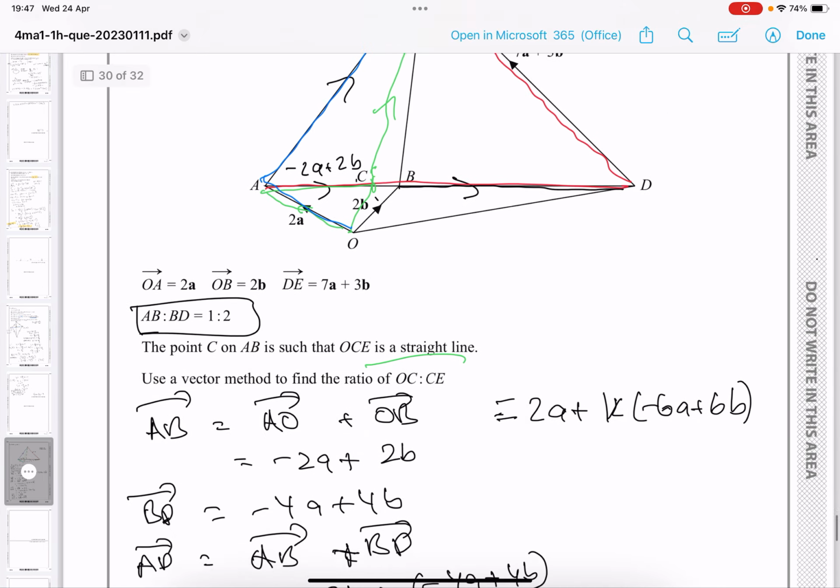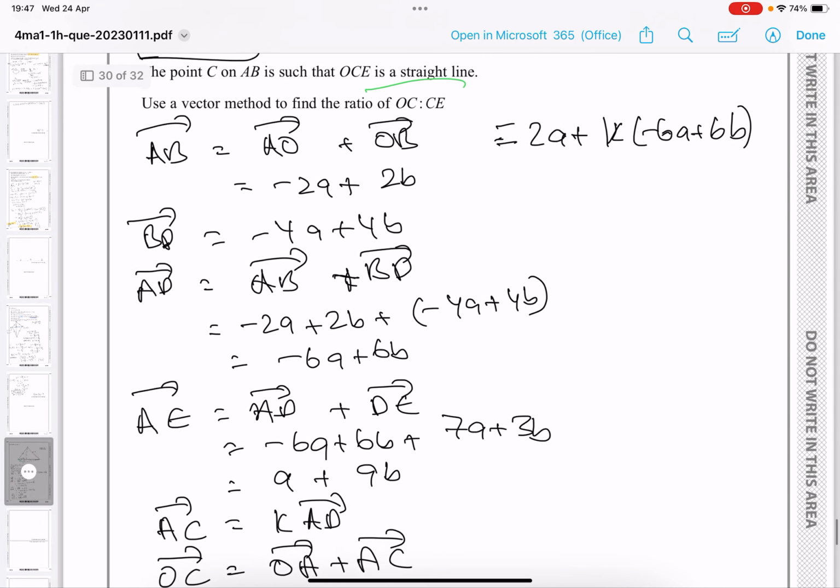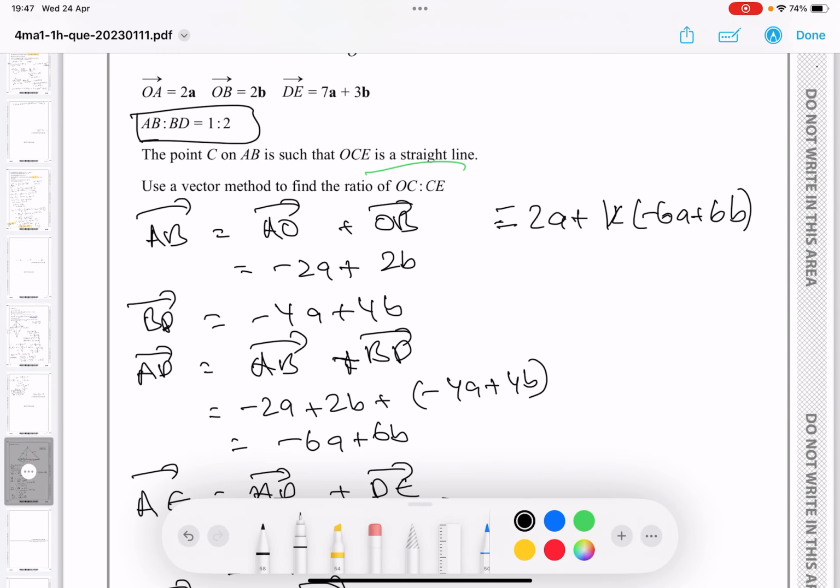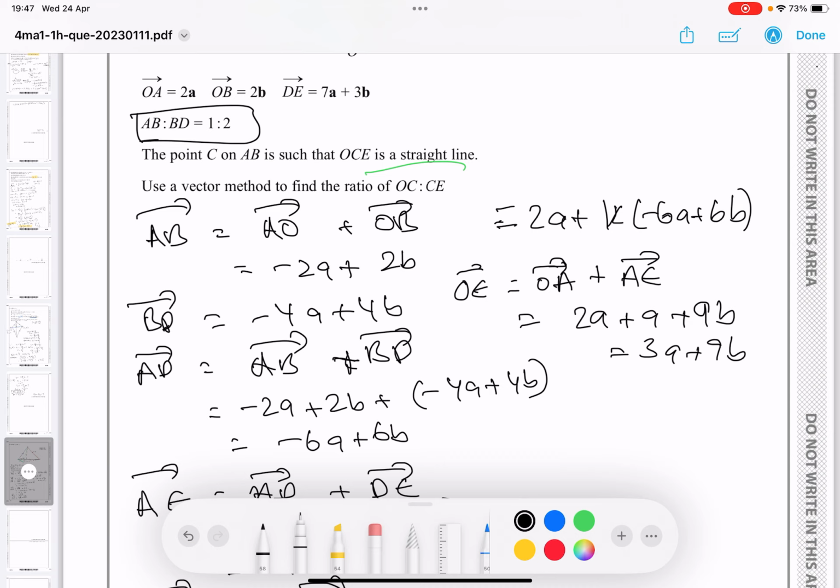So let's work out OE. OE is going to be OA plus AE, which is 2a plus a plus 9b, 3a plus 9b.